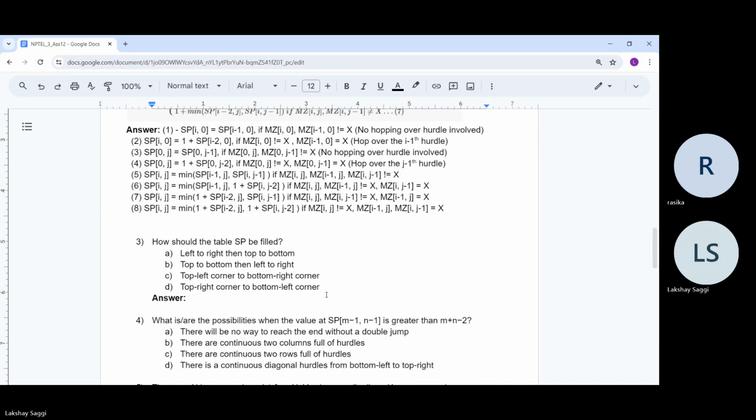Any idea, Rasika, in what order should this table SP get filled?